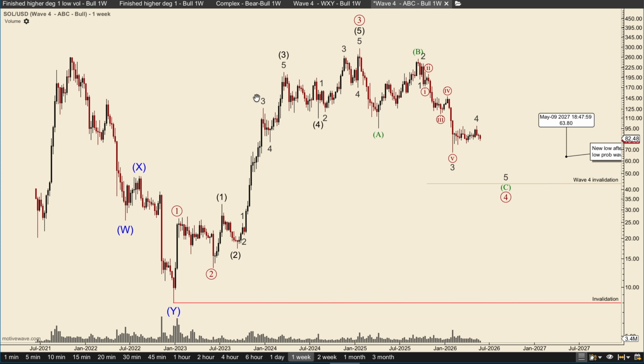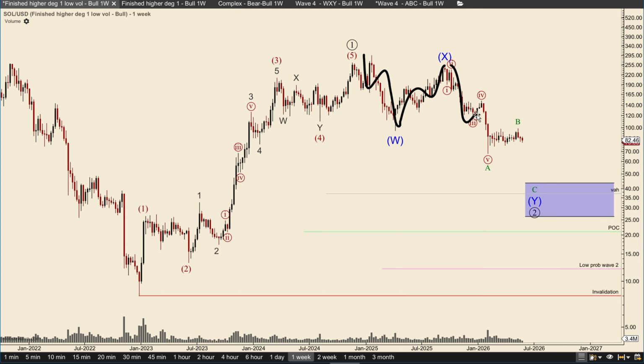And also this move here, if we were finished like this, if we had an A, B, C over here, this would need to be a 1, 2, 3, 4, 5 in order to give that a higher probability. But this move you have to count as a leading contracting diagonal.